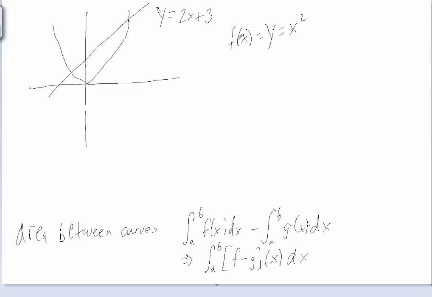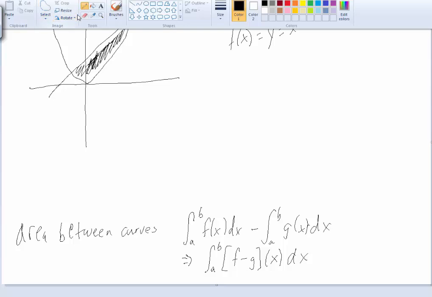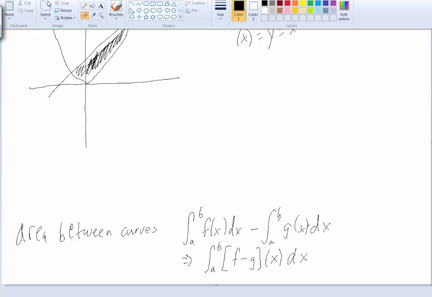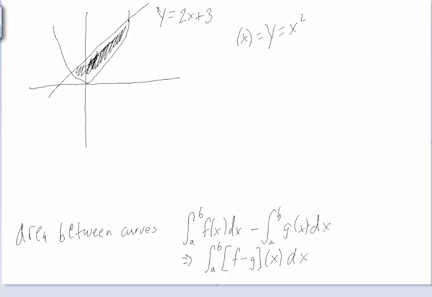Okay? So we want to find this area between the two curves. Actually, I'm going to change this to g of x. I'll make the line f of x. So we want to find the area between the two curves.